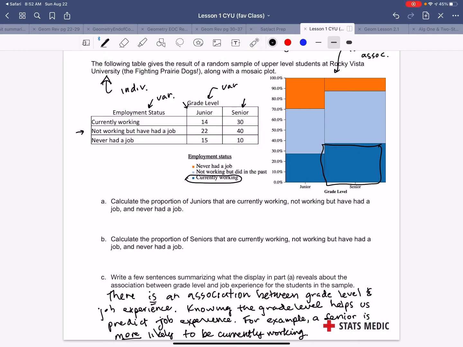Okay, so besides figuring out if there is an association, our other learning goals are can we calculate some marginal or joint proportions from this? So let's take a look. The first one's asking us just about the juniors, and this one's asking us just about the seniors.